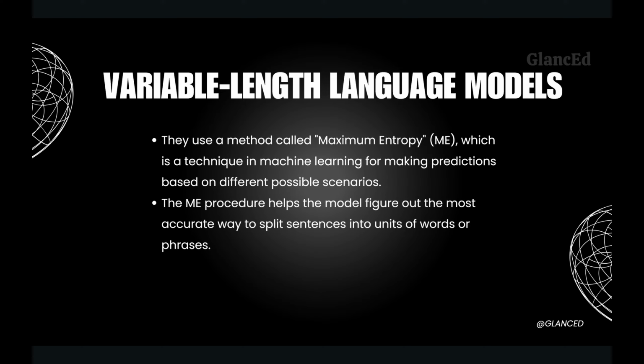So it will divide that sentence into words. After dividing that sentence into words, it will combine the words into phrases, I mean, wherever it is required, only there will it combine the words into phrases.